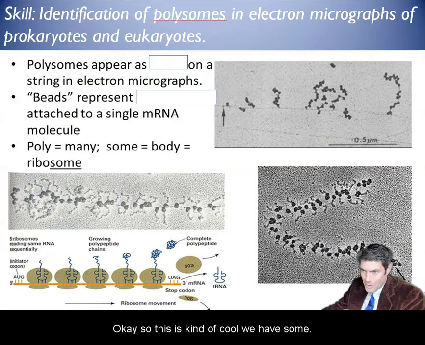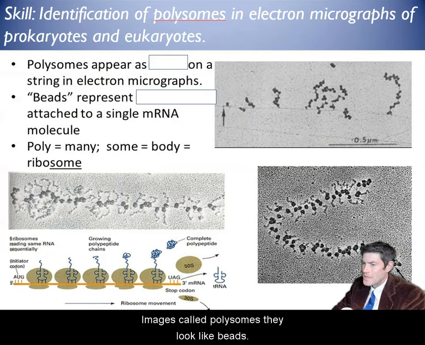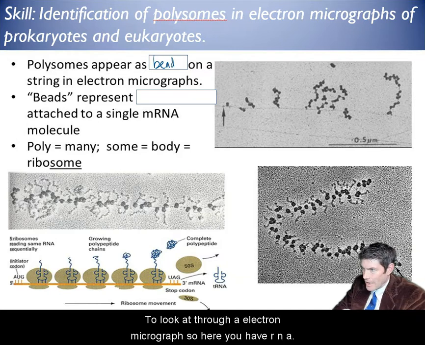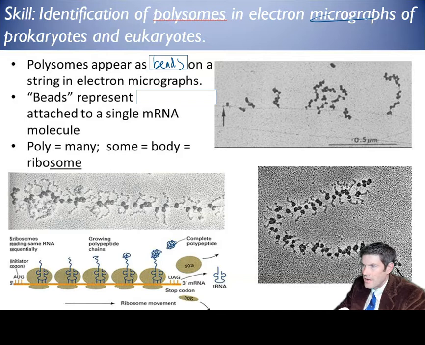Okay, so this is kind of cool. We have some images called polysomes. They look like beads if you look at them through an electron micrograph. So here you have many different ribosomes attached to a single messenger RNA.